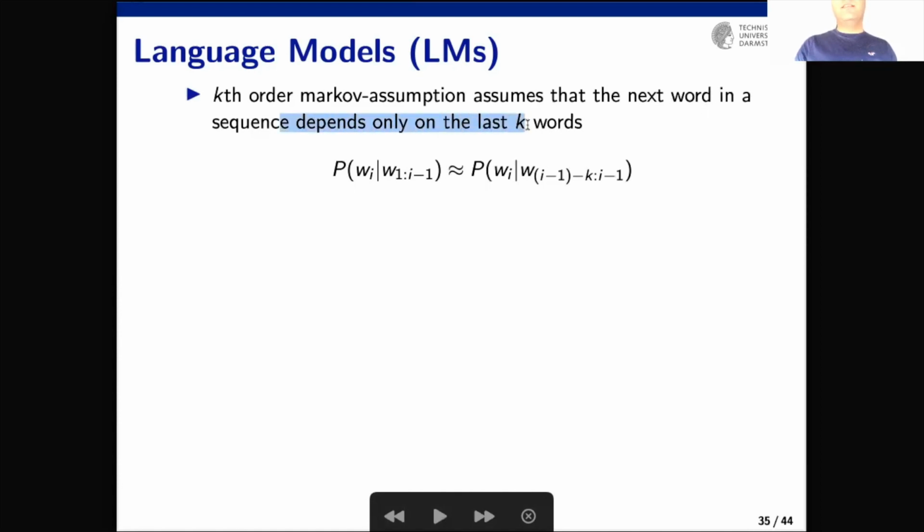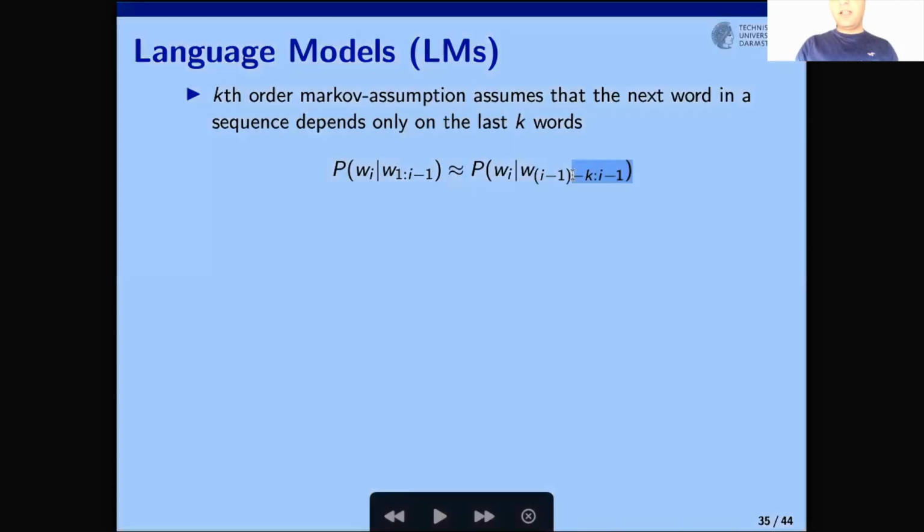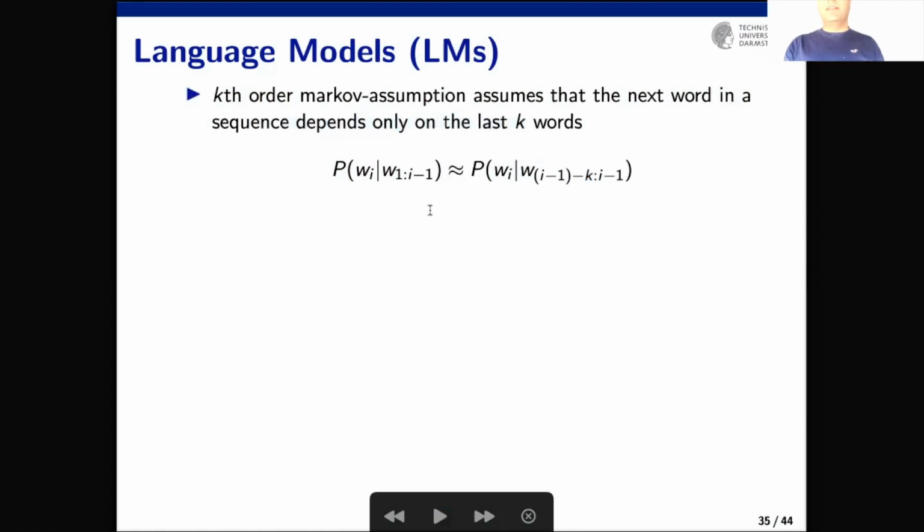sequence depends only on the last k words. So the probability of Wi given the previous words depends on the k words before it. So we don't need to look at all the combinations of words from the first token until the current token.